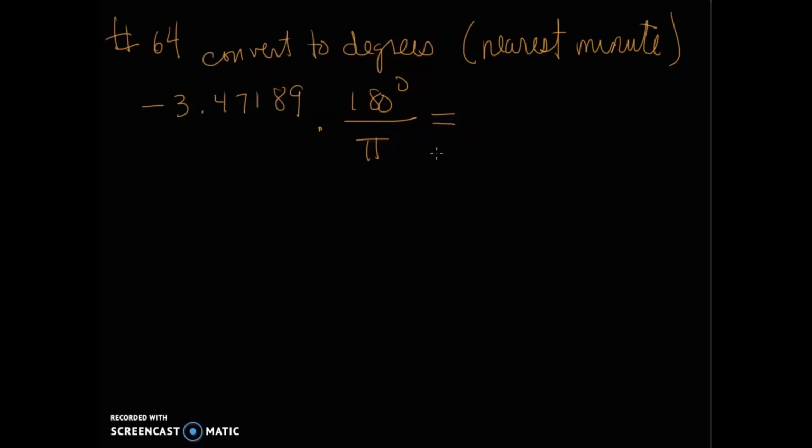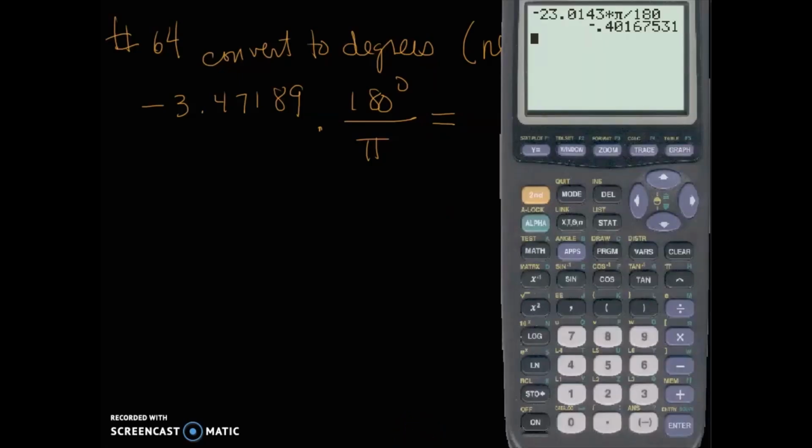Let's get our calculator out. Clear this. It's a negative 3.47189 times 180 divided by pi. So we need 4 steps. I'm going to write this down.